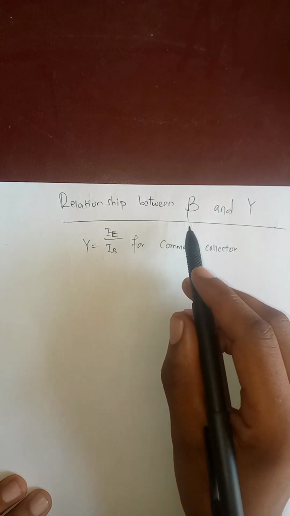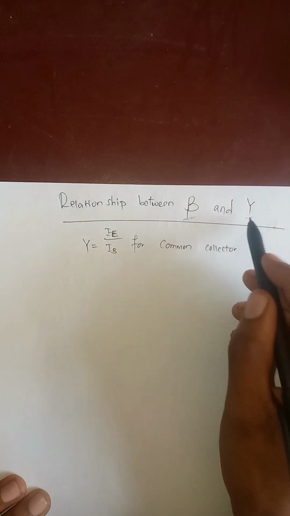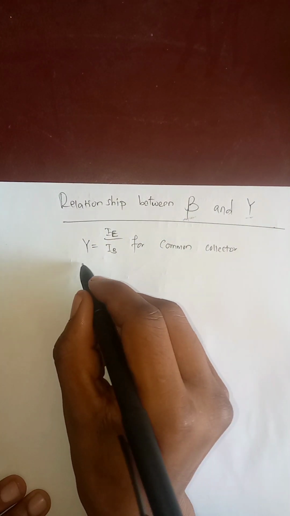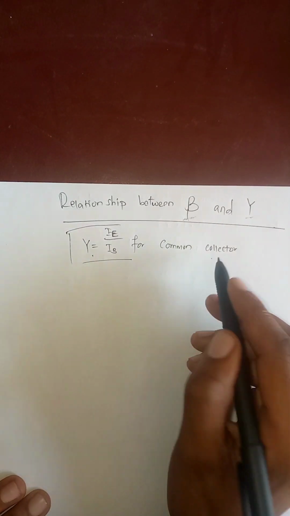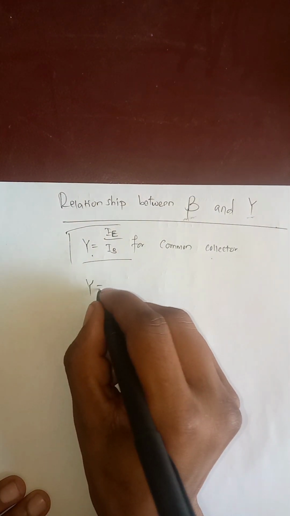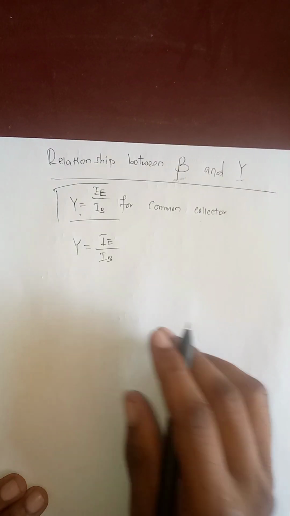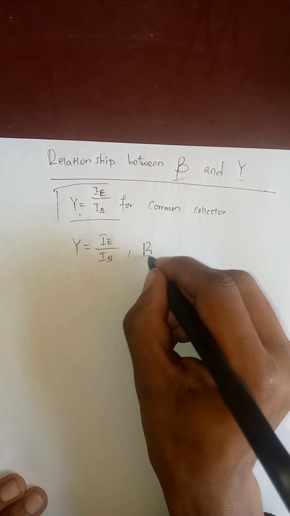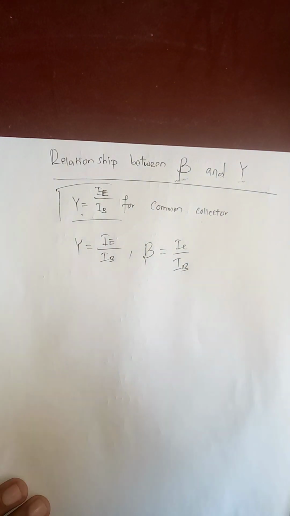Now let's check the relationship between base current gain, beta and alpha. This is the current gain for a common collector. So gamma is equal to IE over I base. But we know also beta is equal to IC over I base. So you can make IC the subject.